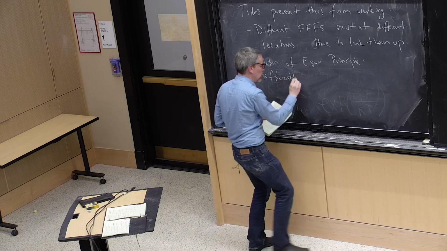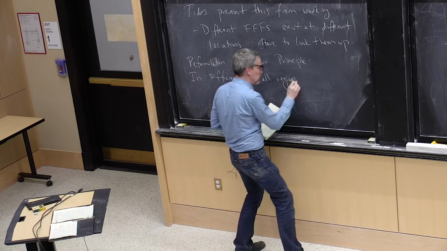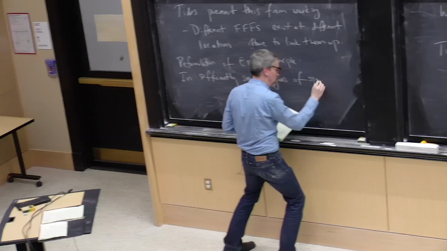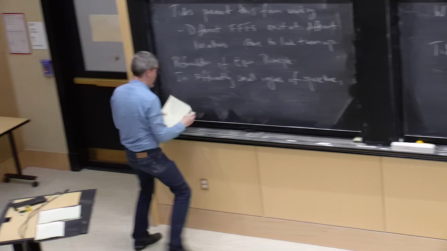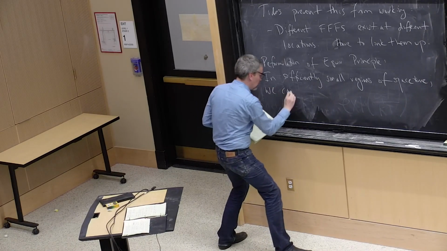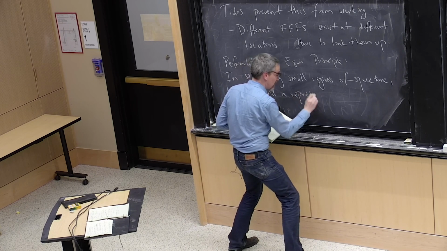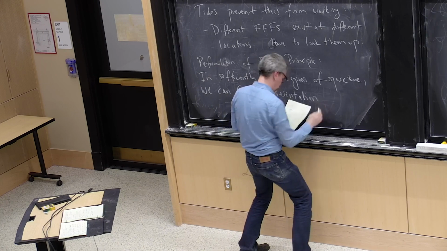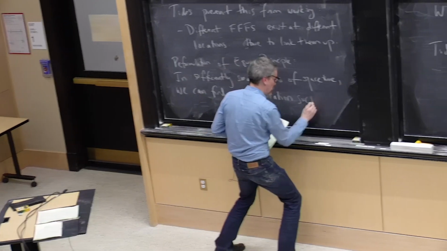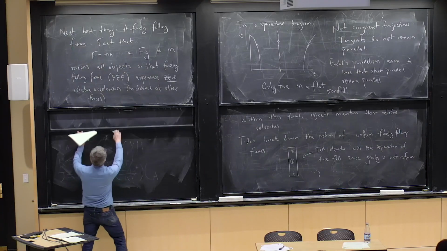In sufficiently small regions of spacetime, we can find a representation or a coordinate system such that, I don't want to cram this into the margin, so I'll switch boards.